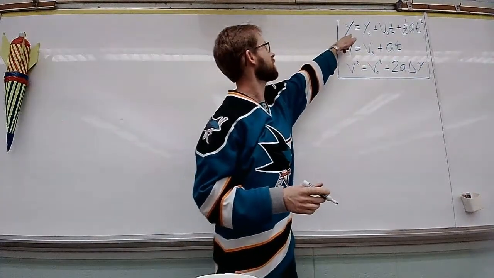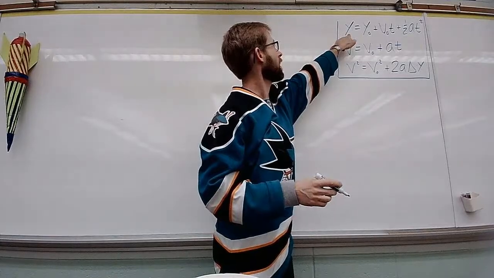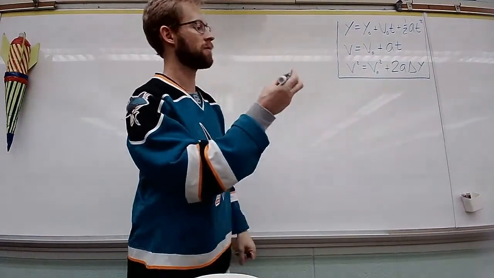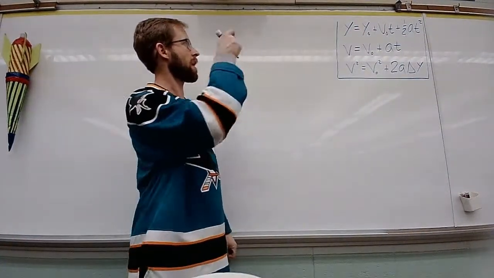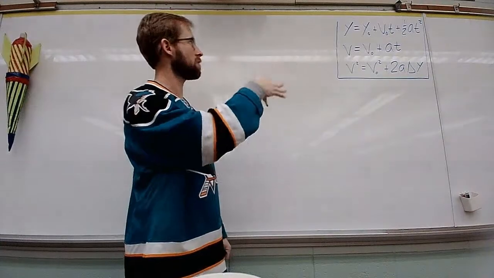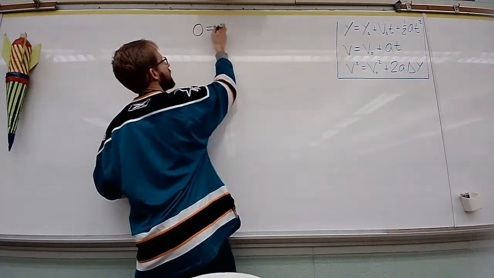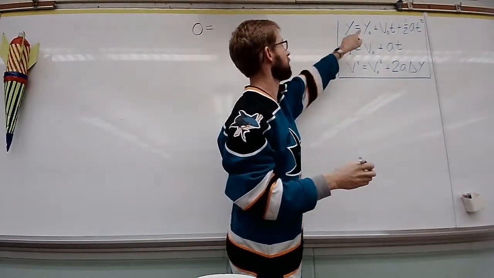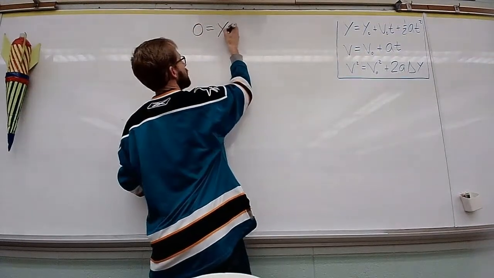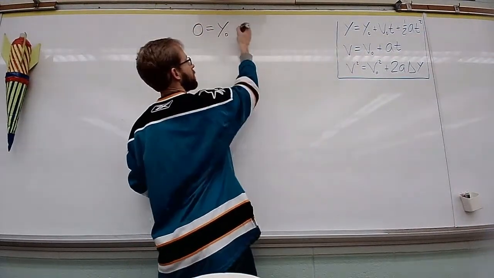If you look at this equation, y equals y original plus v original t plus 1 half a t squared, if you're dropping something and you see the impact location, let's just see what happens here. If you know that there's an impact spot, final height will be 0. Original height is probably what you're looking for.